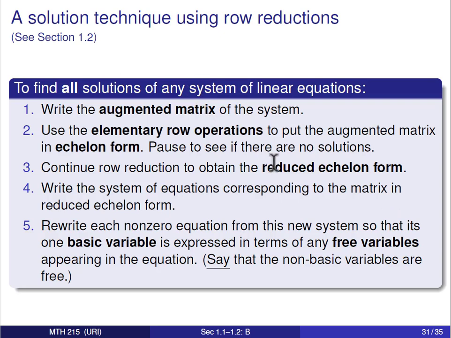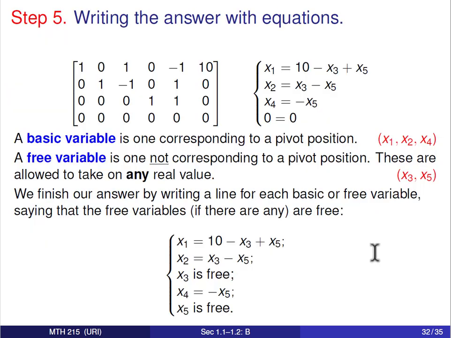After you've done those first 3 steps, you want to write the system of equations corresponding to the matrix in the reduced echelon form you just came up with. And then in step 5, you're supposed to rewrite those equations in terms of basic variables and free variables. So let's go ahead and see what that looks like here.